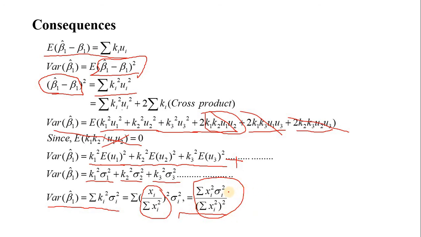It means that whenever your i changes, this variance will also change. So for different cross sections you may have different variances.